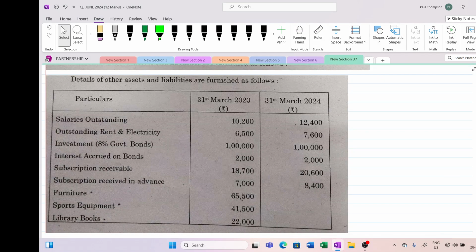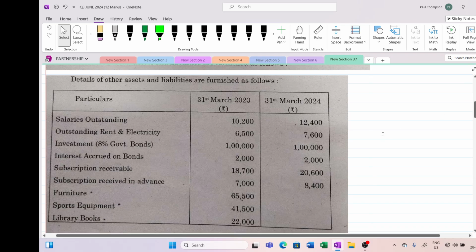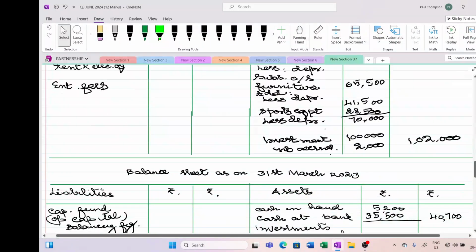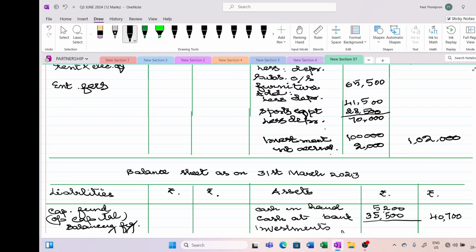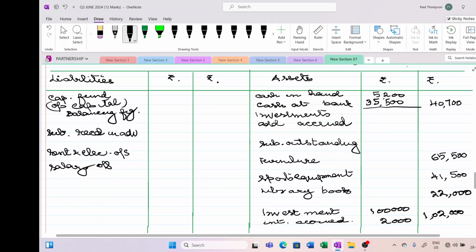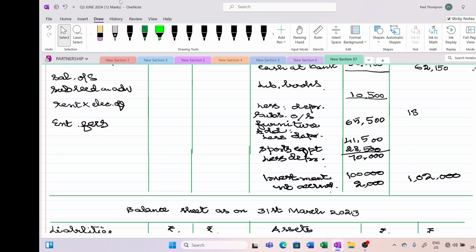Subscription outstanding receivable last year 18,700. This year 2,600. Subscription outstanding last year 18,700. This year it is 2,600, if I am not wrong.